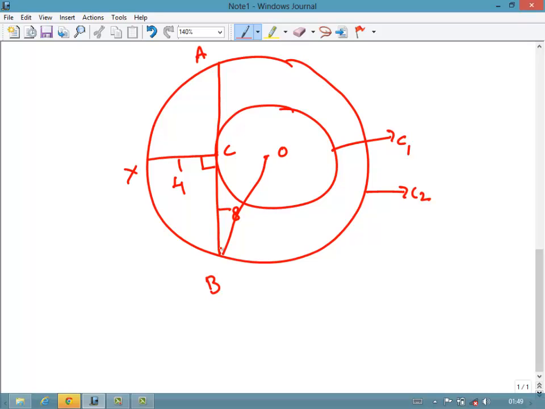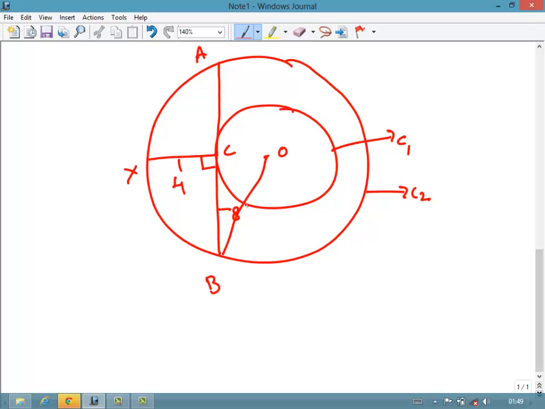Radius, chord and other things are given. You need to find OB, the radius. How will you find the length of OB? It is fairly simple. You should have a triangle to find it. Otherwise, the length of a line cannot be found directly by observation. You should have a triangle, then you can find the length.